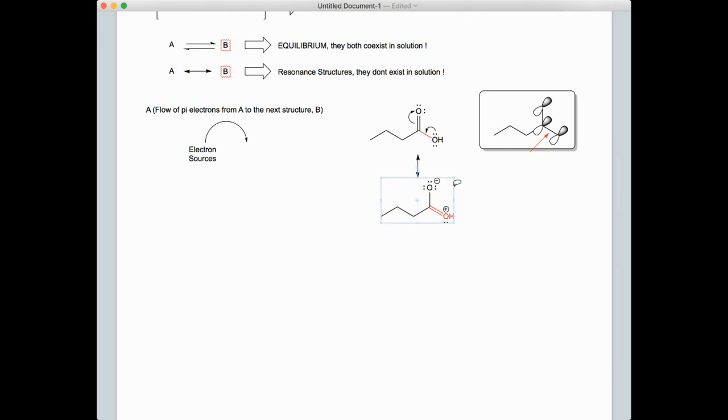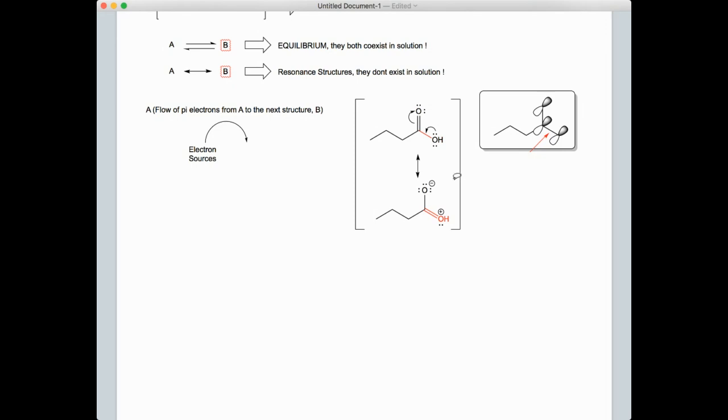Remember that what exists is a hybrid of these 2 structures, to show that there is double bond character here too. And by reading the information given in a resonance structure, you will also be able to tell later on where you have electron density areas that are rich and electron density areas that are deficient. Okay, that's what the formal charge indicates here.